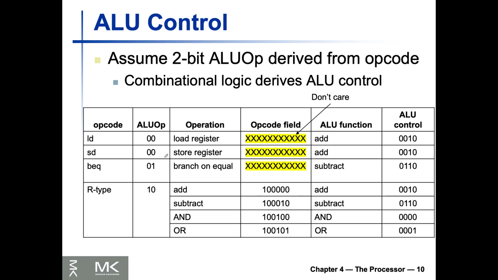These don't care entries correspond to 0,0 or 0,1 in ALUOp. When the value is 1,0, we actually need to use these values. Otherwise, we don't care about the opcode field in the case of load, store, and branch equal.